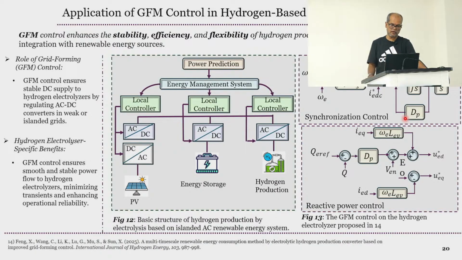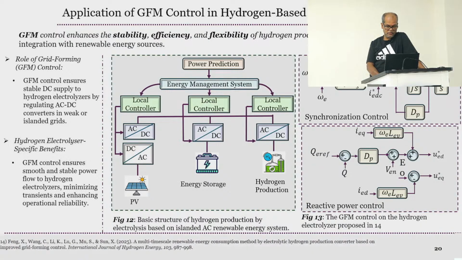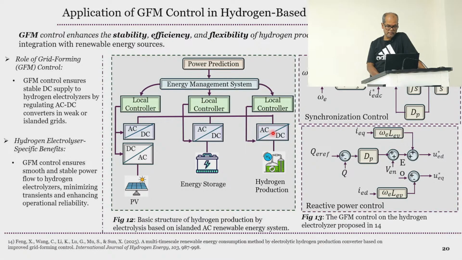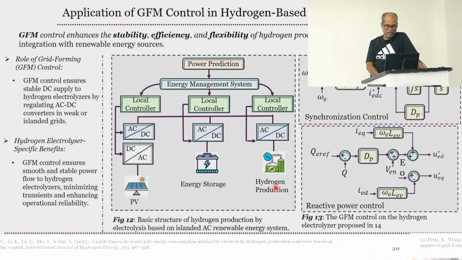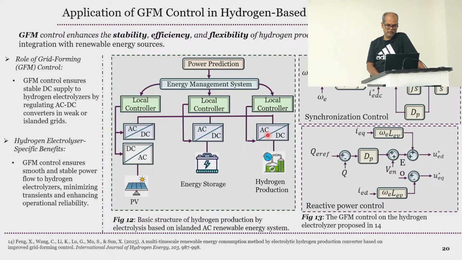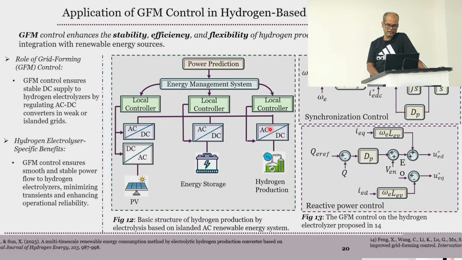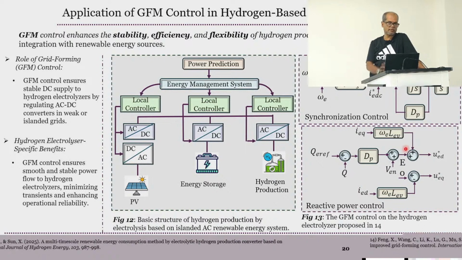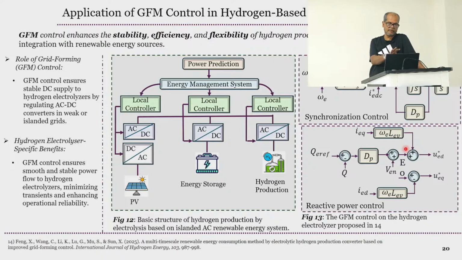But it can be used for hydrogen systems as well, not only batteries, although the battery is already using it. Here you can see how we can use it for hydrogen: from hydrogen production, you use DC and then DC to AC, and this could be a simple control, but the other controllers mentioned can also be applied.